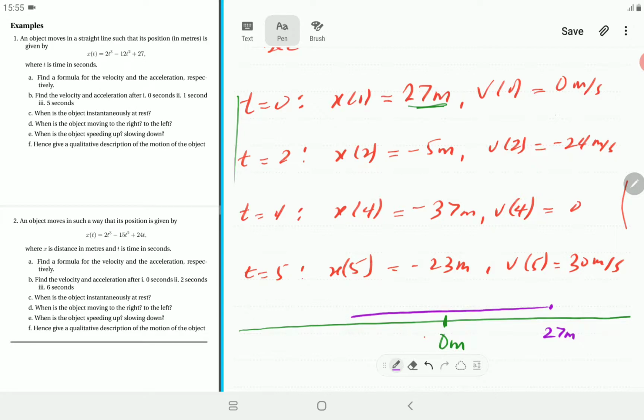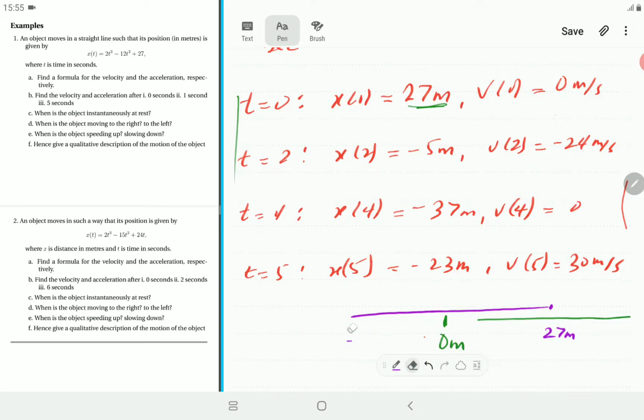After 2 seconds, it is located on the left-hand side of the origin. It's 5 meters actually.